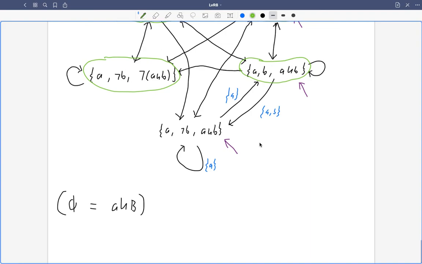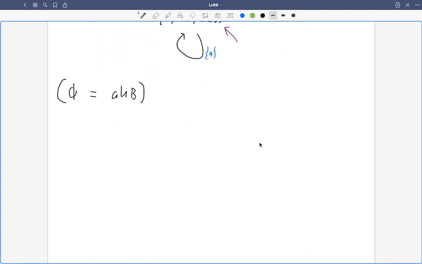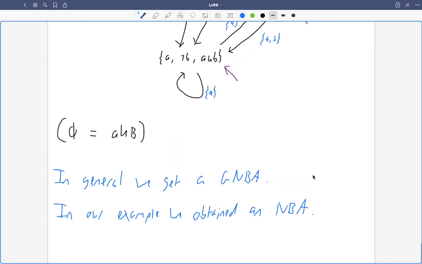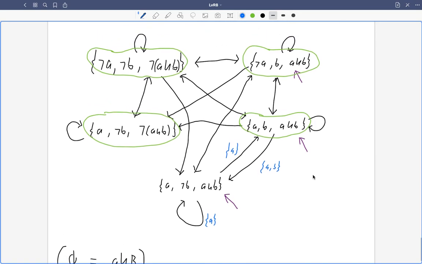And in general, we get a generalized non-deterministic Büchi automaton. In our example, we obtained actually just an ordinary non-deterministic Büchi automaton, because we only had one until formula in the set of complemented subformulas.